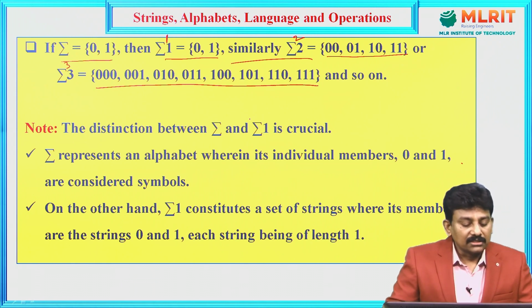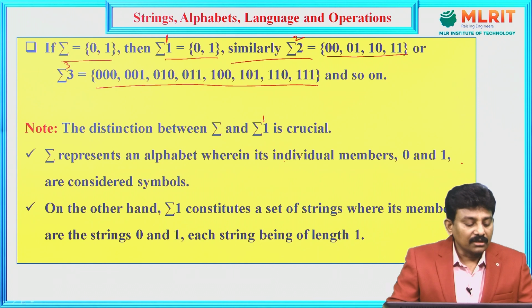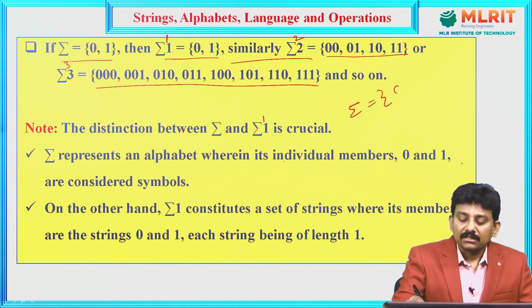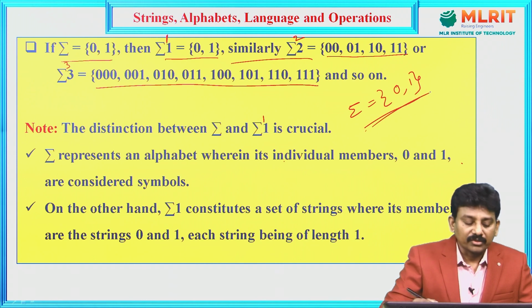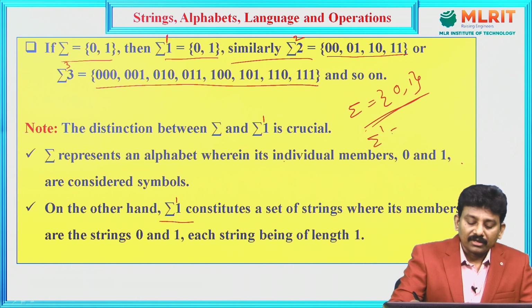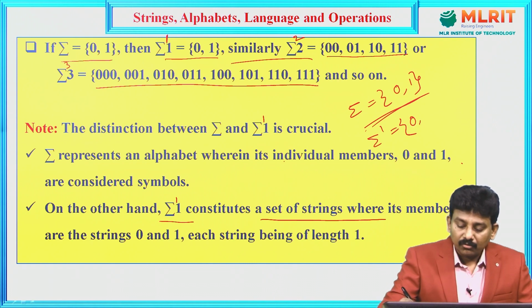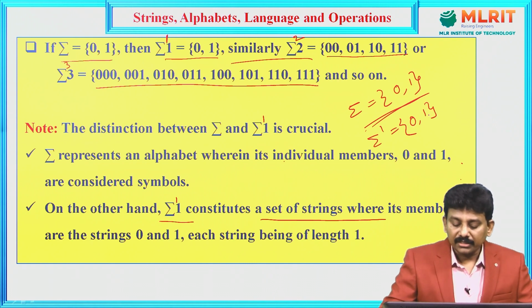Note, the distinction between sigma and sigma power 1 is crucial. Sigma represents an alphabet wherein its individual members 0 and 1 are considered as symbols. Here, sigma is a set of symbols. On the other hand, sigma power 1 constitutes a set of strings where its members are the strings 0 and 1, each string being of length 1.